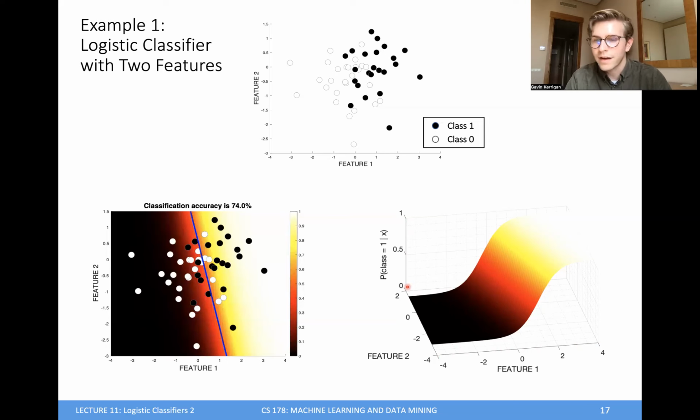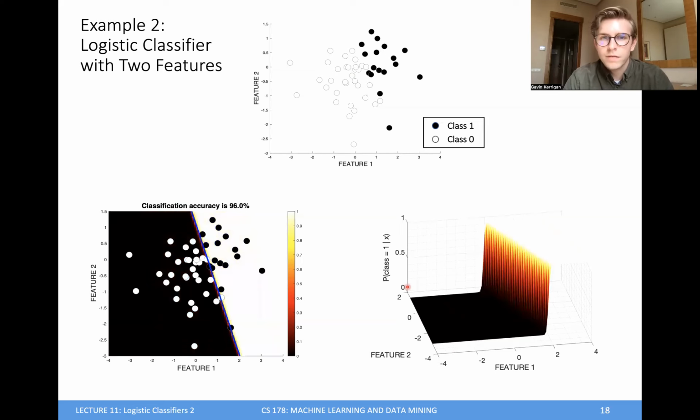And it's got this S-shaped sigmoid shape that we had seen in the 1D example. So really, this is just to illustrate that you can think about logistic models in 2 dimensions and higher dimensions in a really similar way to those 1D examples I had shown before. So it's good intuition to keep in mind when you're thinking about what these models are doing.